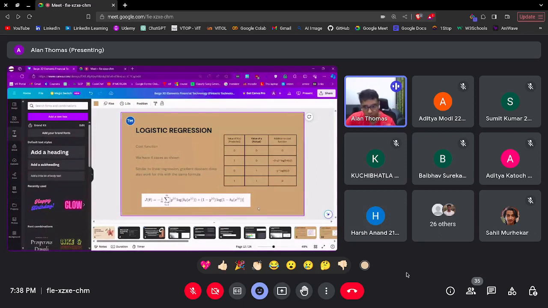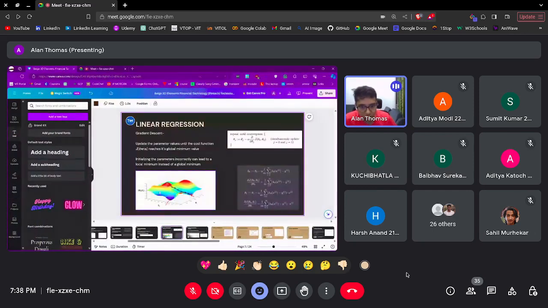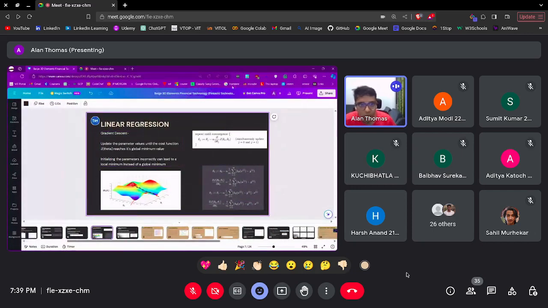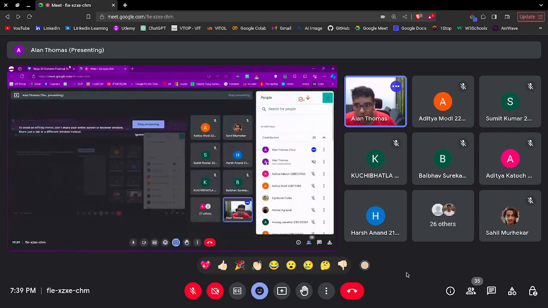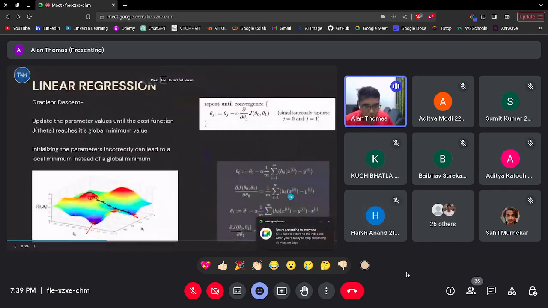There are other techniques as well, but usually people just use gradient descent because it's easy, intuitive, and most of the time it reaches the global minimum. Sometimes it gets stuck at a local minimum, like we saw here, but most of the time it reaches the global minimum. Is that okay? Thank you. So we move on.